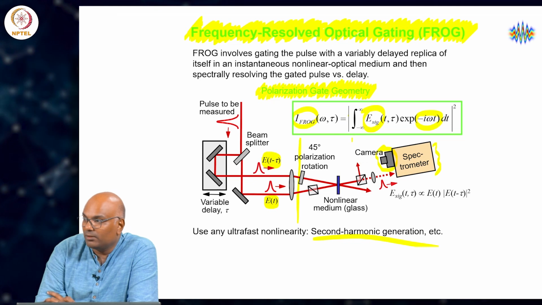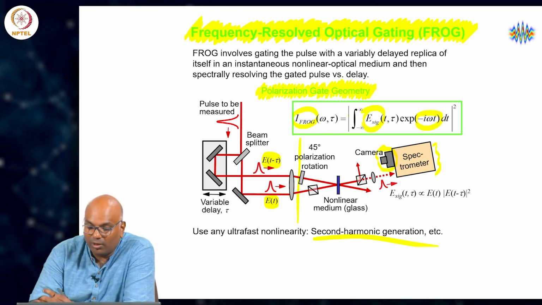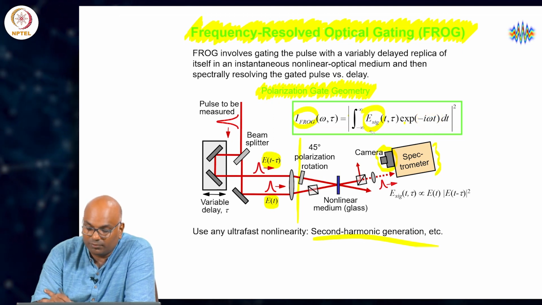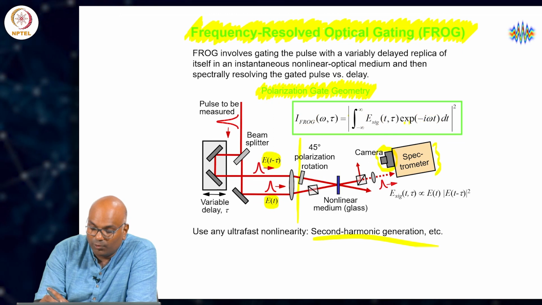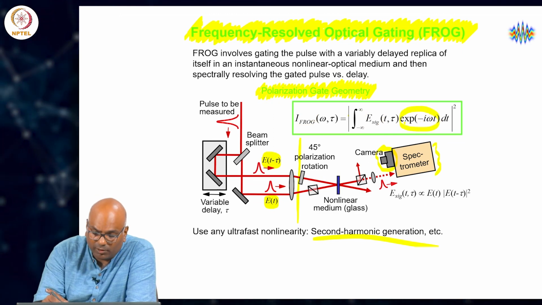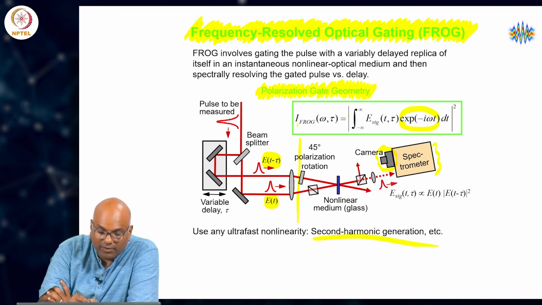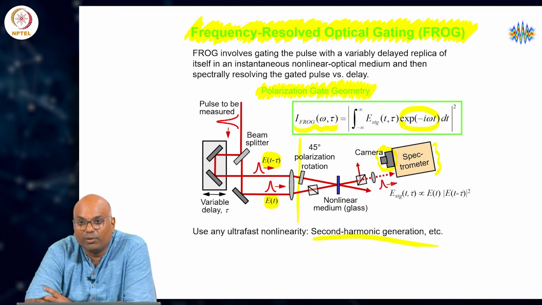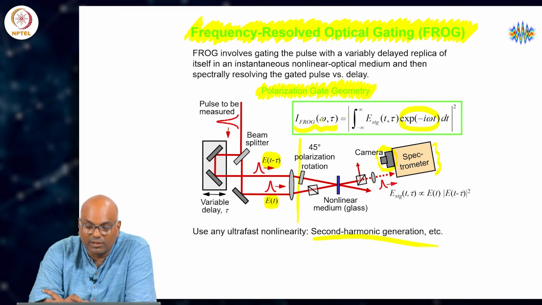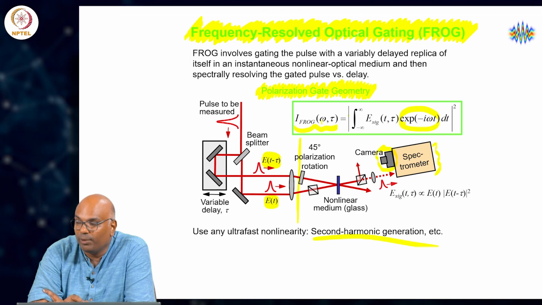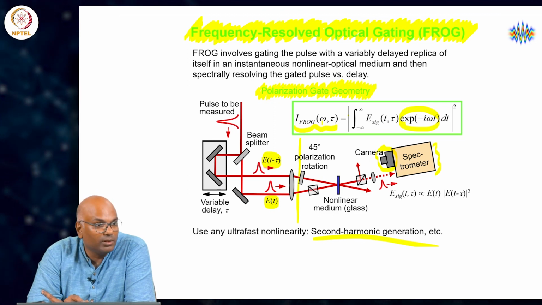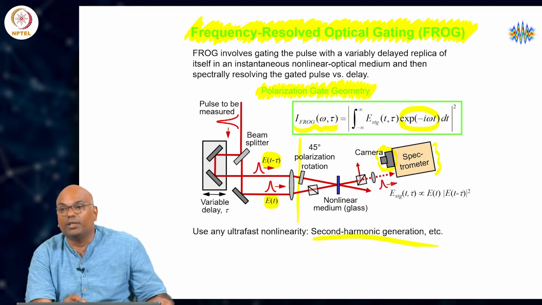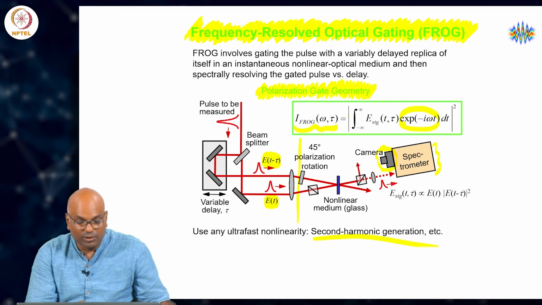If we do that, unlike earlier where we did not have this Fourier transforming step, now we have the Fourier transformer, which is the spectrometer, that gives us the realization of the spectrogram, which is the FROG intensity, a function of two variables: omega, the frequency contained within the pulse, and tau, the delay that is introduced in this process.